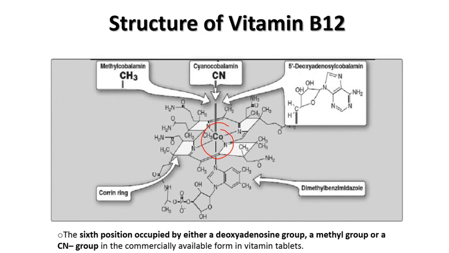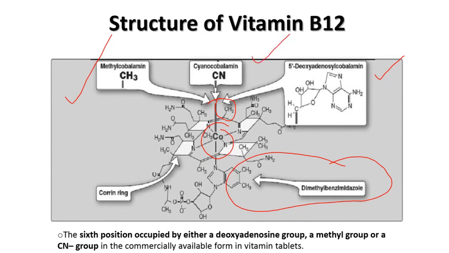The remaining coordination bonds of the cobalt are linked with the nitrogen of dimethyl benzimidazole nucleotide, and the sixth bond is linked either to a methyl group, adenosyl group, hydroxyl group, or it can be a cyano group, giving methylcobalamin, adenosylcobalamin, hydroxycobalamin or cyanocobalamin respectively.